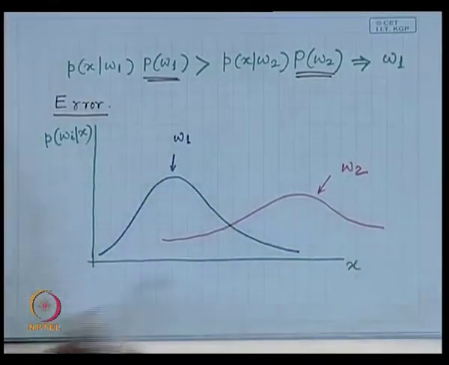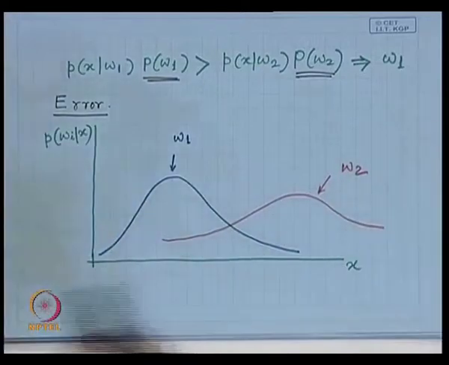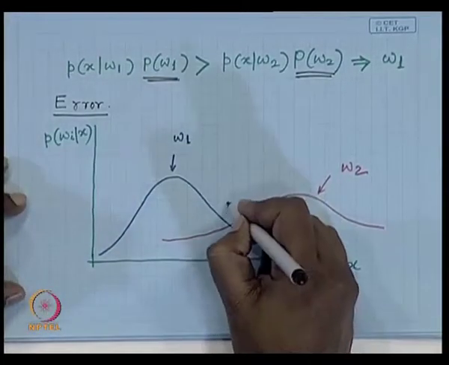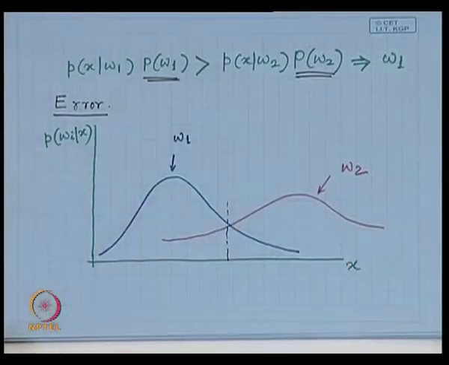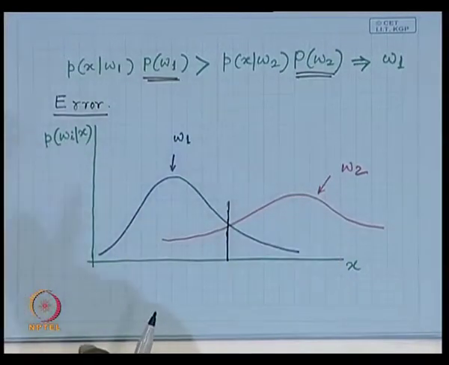Okay. So, my decision boundary is actually the point where p of omega 1 given x is the same as p of omega 2 given x. Okay. So, this is my decision boundary, where p of omega 1 given x is greater than p of omega 2 given x.